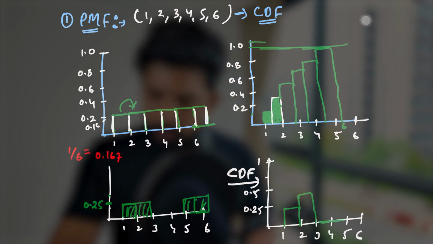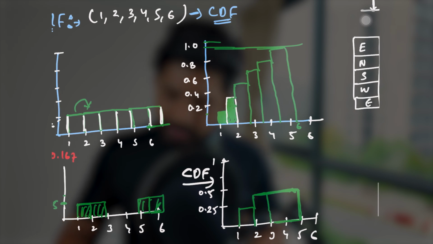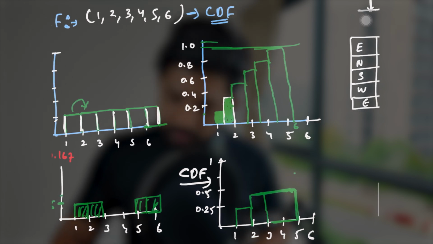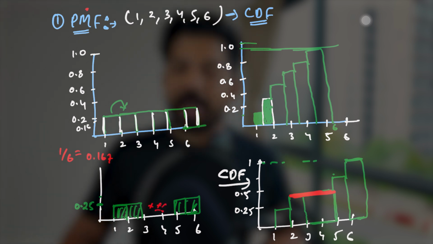So we have to draw the gradient flat here. There will be no increase here. Then for 5 and 6 it is increasing again. So for 5 it will be like this, and for 6 it will be approximately here. So you can say that in the PMF there is no mass, meaning the gradient will be flat in the cumulative density function, right?